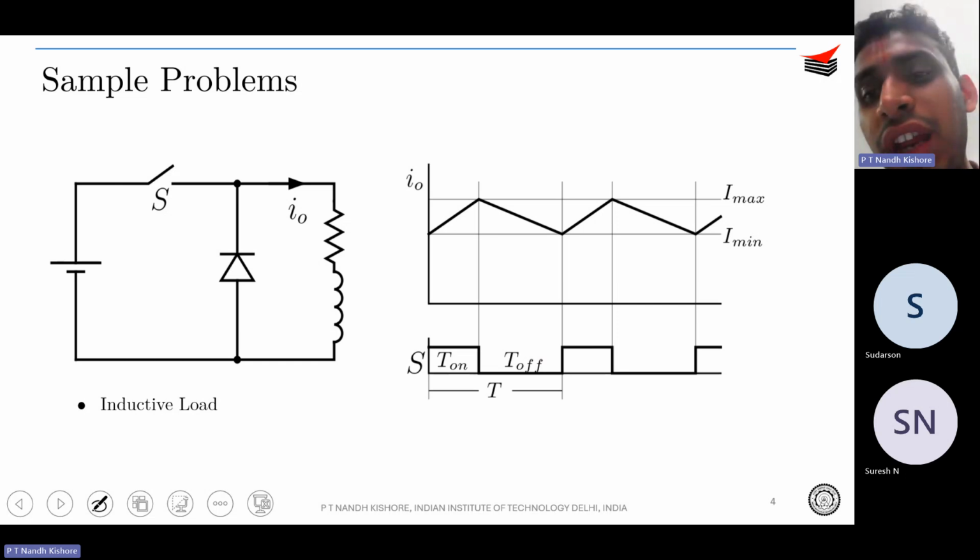So based on the value of the inductor, the value of Imin and Imax are going to change, right? So when the switch is on and the inductor is charging, the current just doesn't jump to some preset value. It ramps up from a minimum value to the maximum value. And when it is freewheeling, it again ramps down from maximum value to the minimum value.